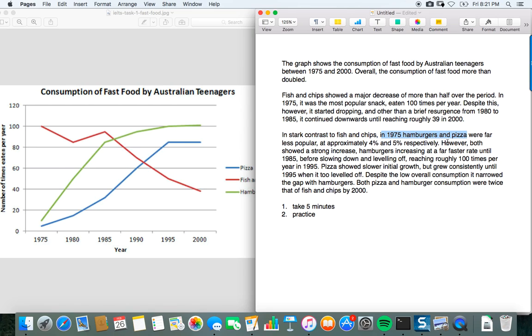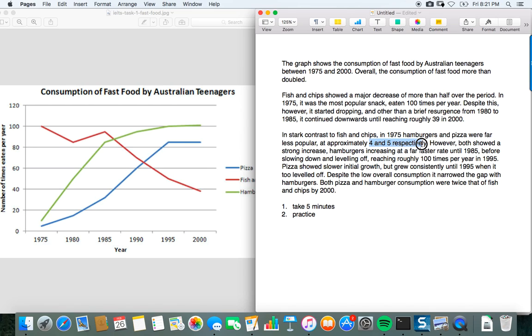All right, so now I know that this paragraph is going to talk about hamburgers and pizza while comparing it to fish and chips. So the first trend is that they were far less popular at approximately 4 and 5 respectively. All right, that's really important. 4 and 5 respectively. You tell their initial positions, you give their data.